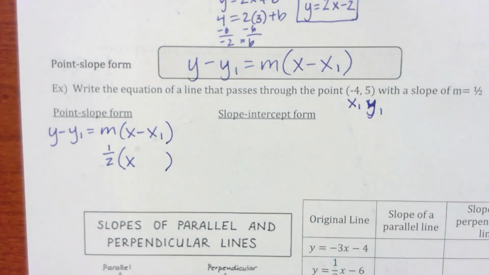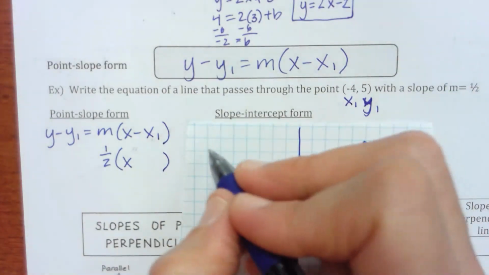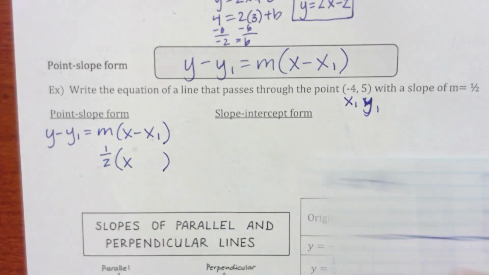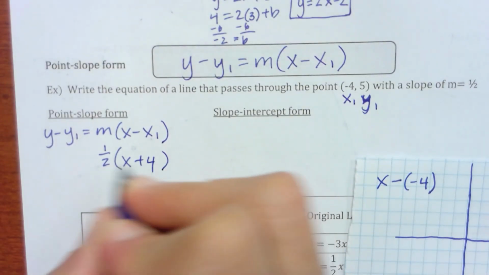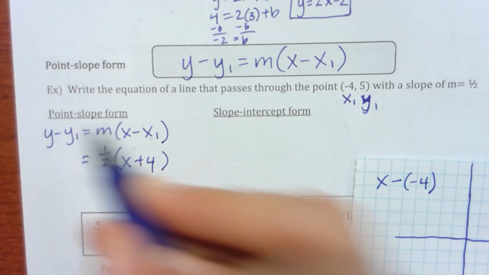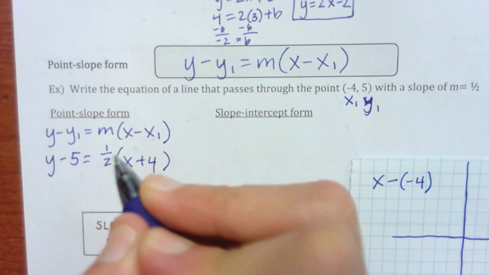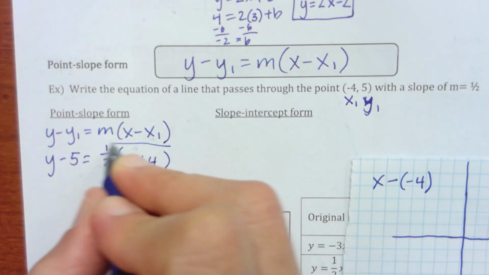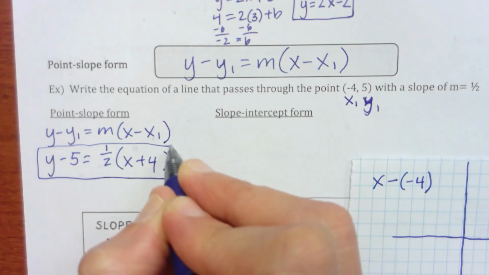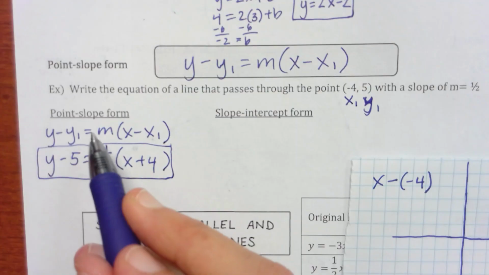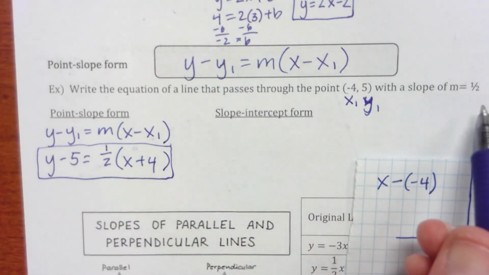Let me just write this here really quick just so we can all see it. X minus -4 becomes x plus 4, right? So that goes here. And y minus y1 is y minus 5. That is point-slope form. That's it. We're just going to plug in the point. Literally, it's called point-slope form because what you need to know is a point and the slope.